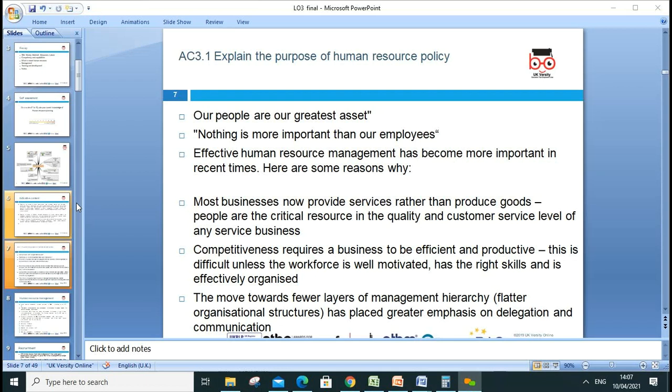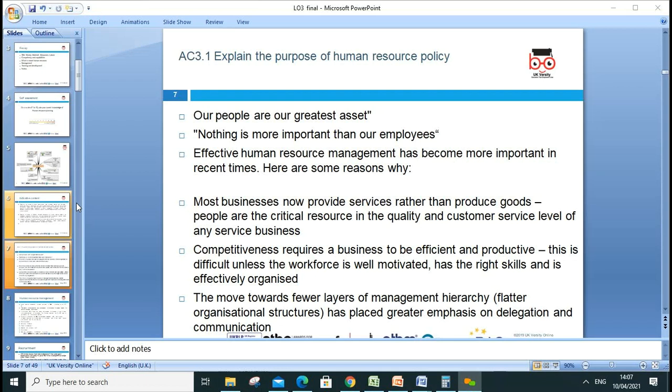So we need to look at our purpose, our greatest asset. Our people are the greatest asset. The most important asset in any organization is the human being. Nothing is more important than our employees. Effective human resource management has become more important in recent years.